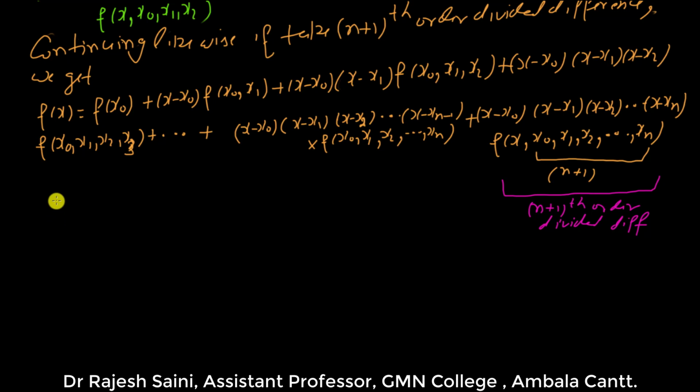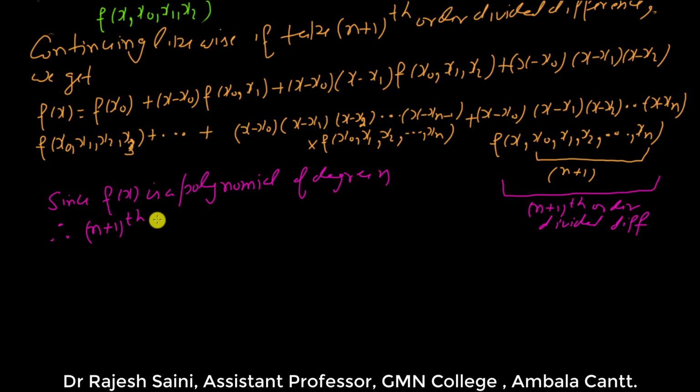So you could write, since f(x) is a polynomial of degree n, therefore the n plus 1th order divided difference will be 0.